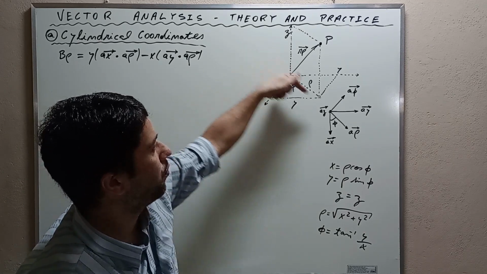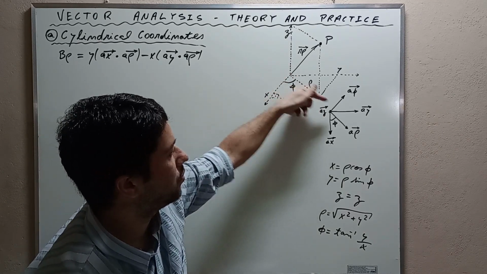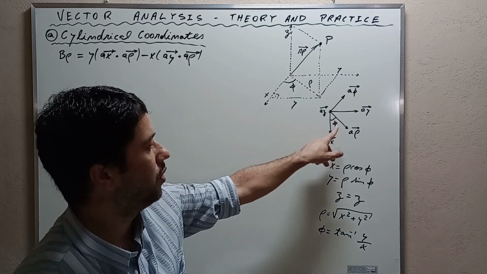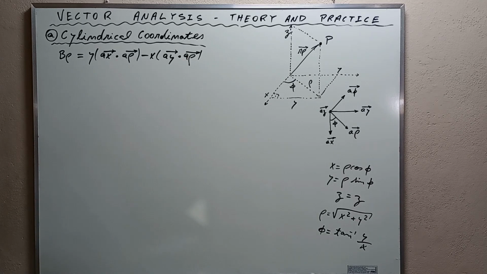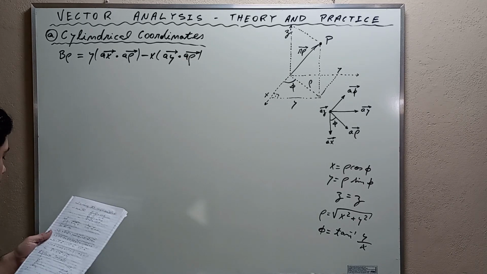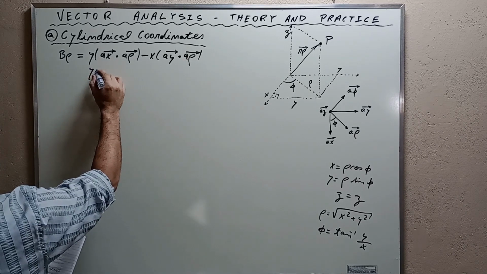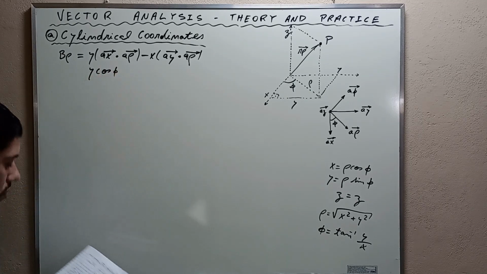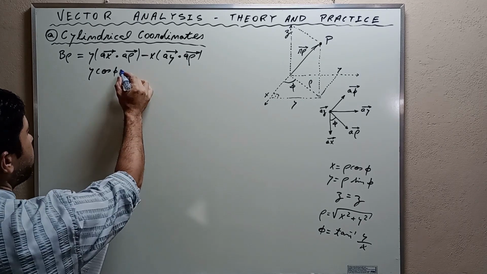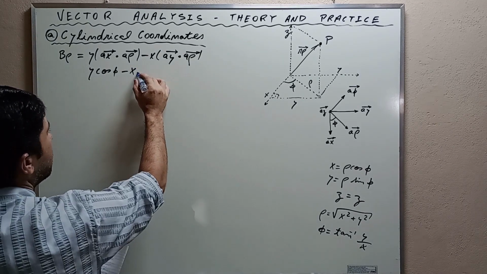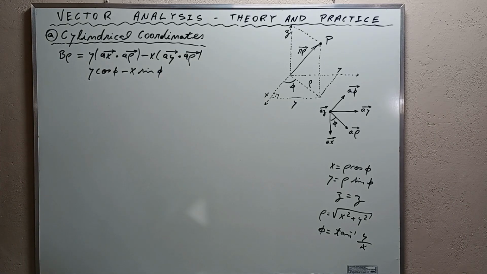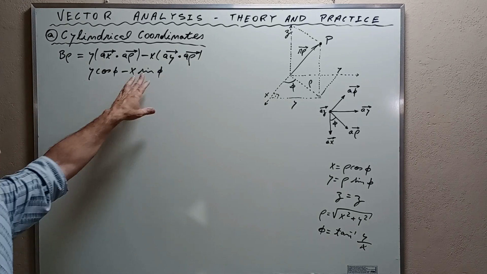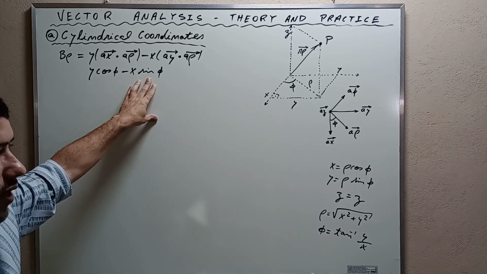This in a dot product with this, okay? X in a dot product with a rho is the cosine of the angle. Remember the definition of the dot product. So it is equal to y times the cosine of phi minus x times the sine of phi. And why is this the sine and not the cosine?